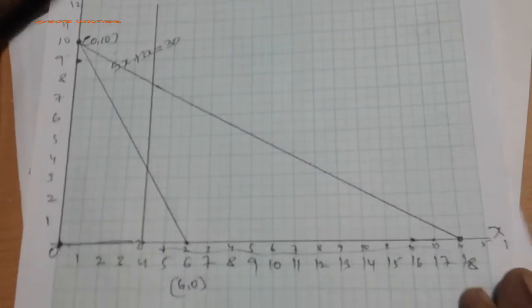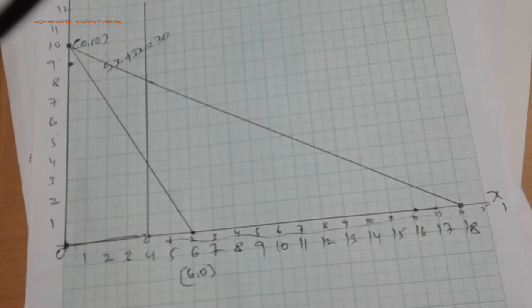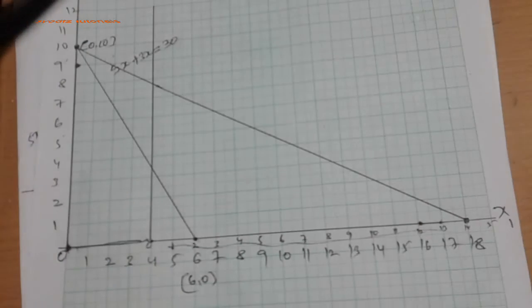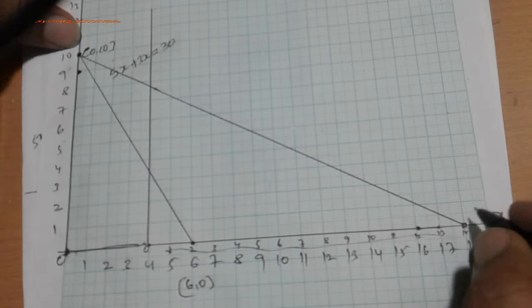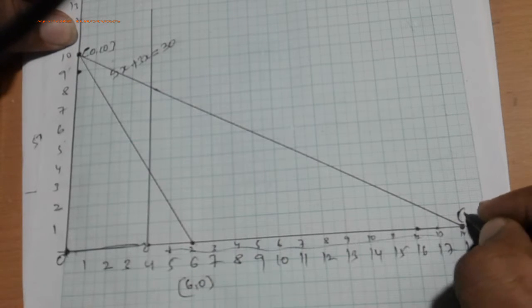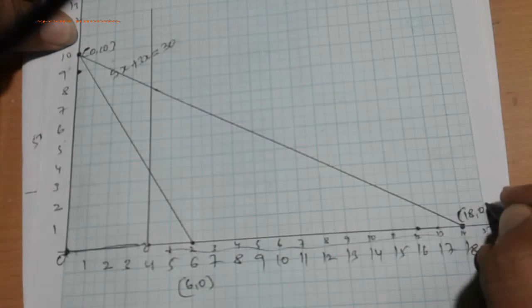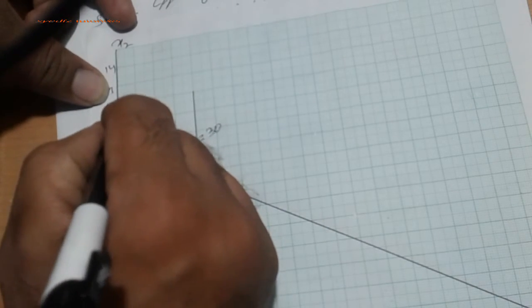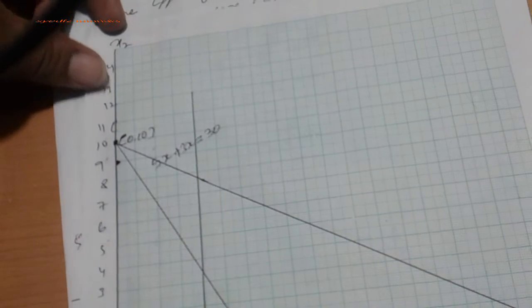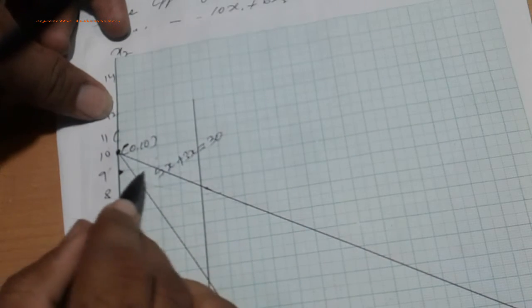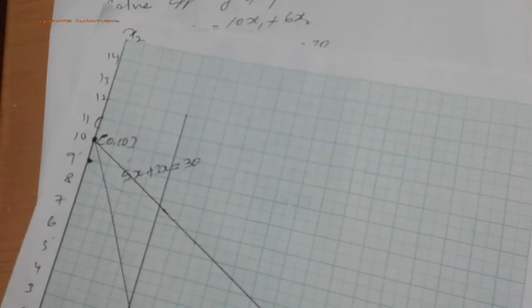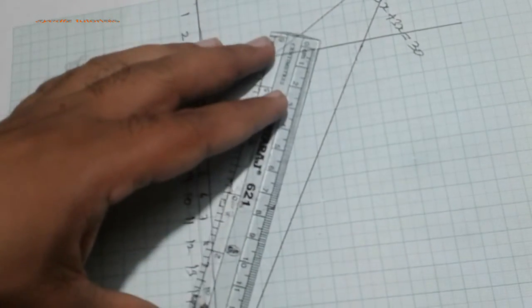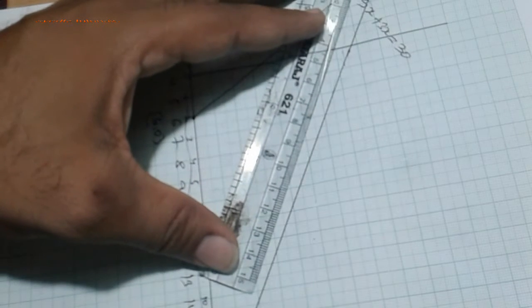Okay, this is the graph. So both are less than. First put here 18 comma 0, here one more, so it is 9, no? I'm making too many mistakes here.